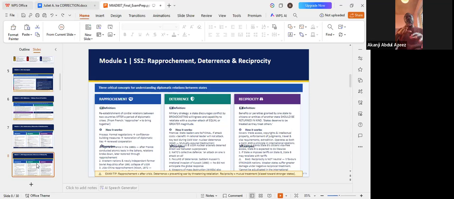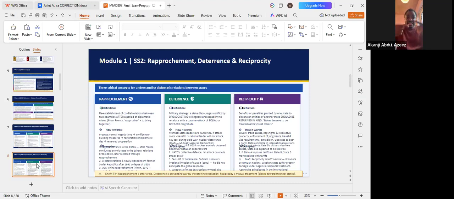When we talk about rapprochement, it is a process where two countries restore friendly relations after fighting. Let me take the family setting of a husband and wife. They fight, then they settle the fight and still live in the same room.